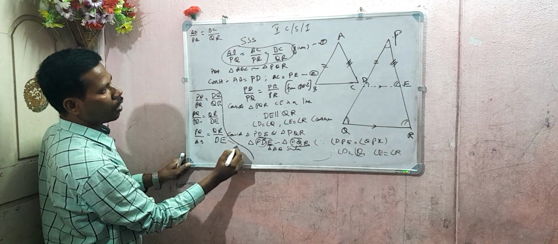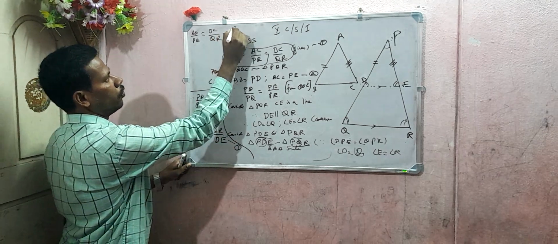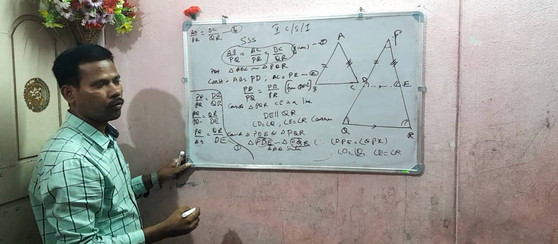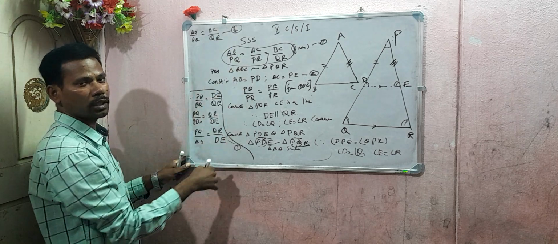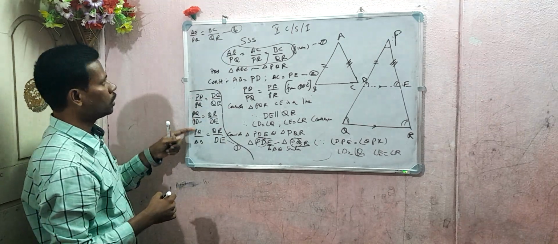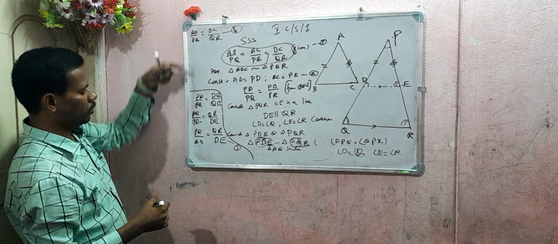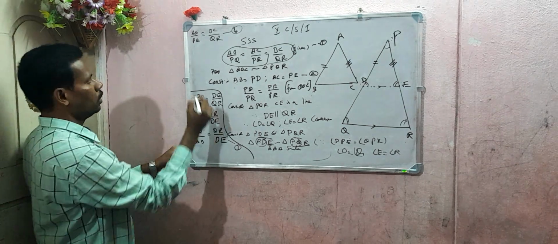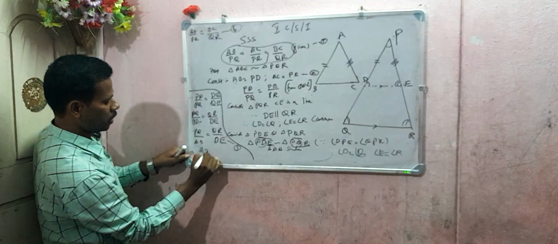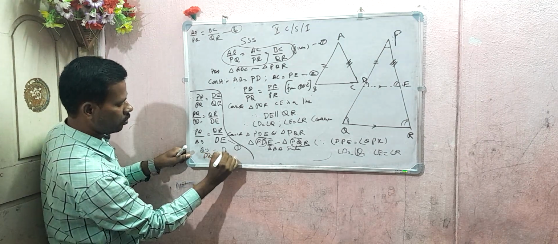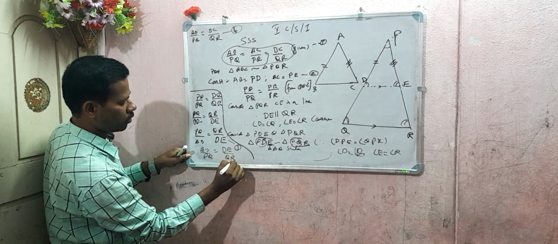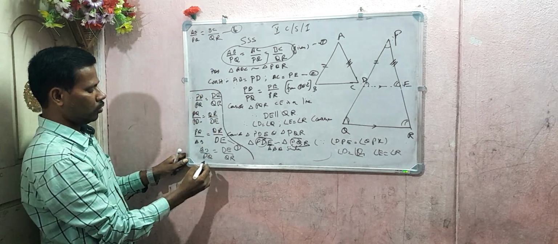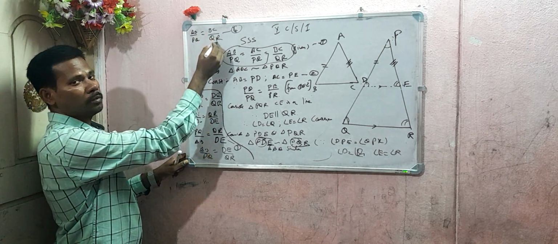Mark this as 1, 2, 3, mark this as 4. From 3 and 4, here what is given? AB by PQ is there, but here PQ by, just reverse it. This can be written as AB by PQ is equal to DE by QR. Now AB by PQ is equal to BC by QR.